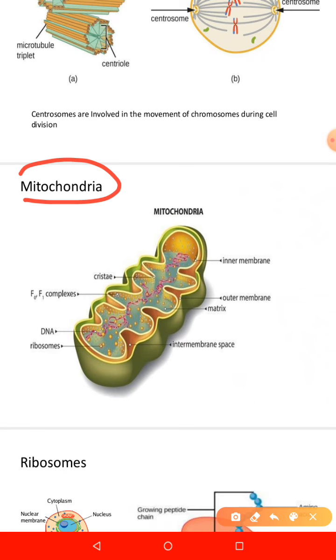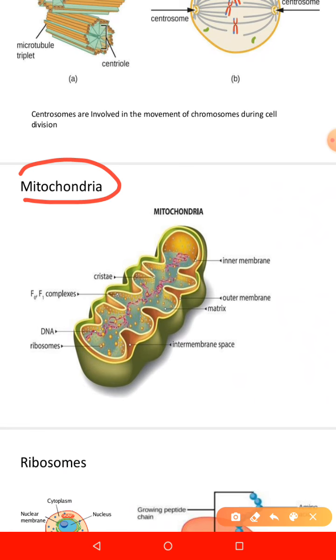It produces energy, that is ATP. 2, it is involved in synthesis of ATP. It's more like a repetition, but I'll explain. And also it's involved in initiation of apoptosis. Apoptosis is programmed cell death, or it's able to cause cell suicide, where a cell kills itself.